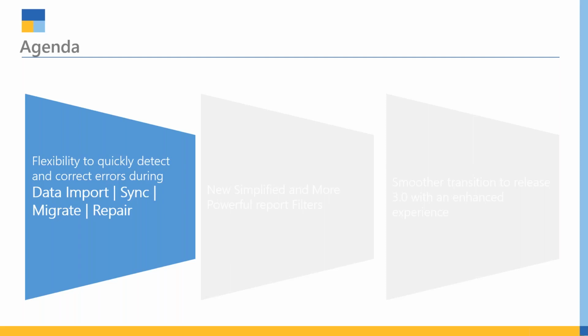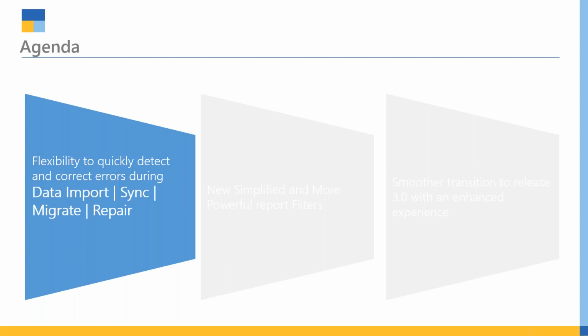Till 2.1, whether we did import, synchronization, repair or migration, if there was any exception or error, we would go to the file where we get the error description, tally.imp, solve it, re-export the data and re-import it, or else resynchronize it. That was happening till 2.1.